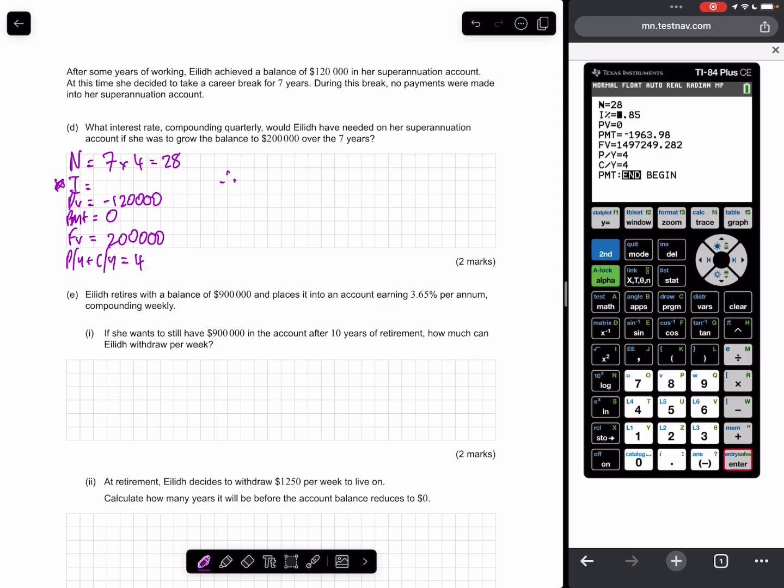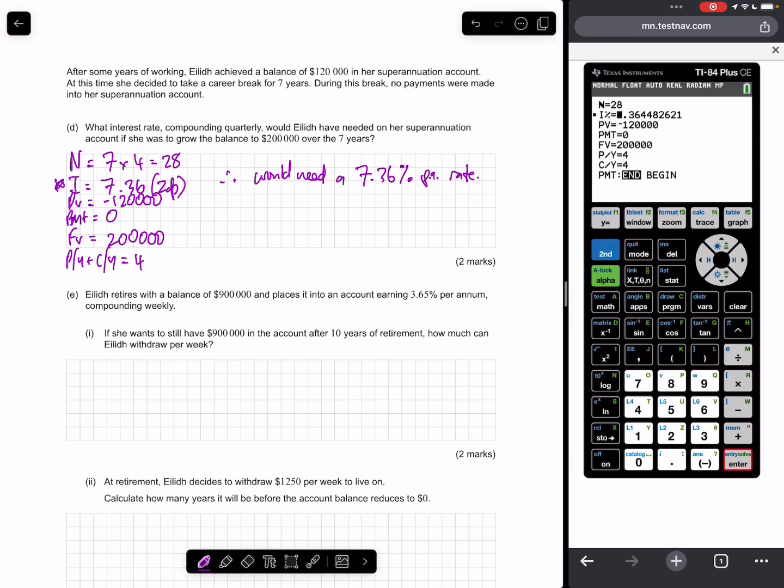Seven times 4 is 28. Don't know the rate. Started off at 120 grand. No payments. 200,000. 4 and 4. We get 7.36 to 2 decimal points. So would need a 7.36% per annum rate.